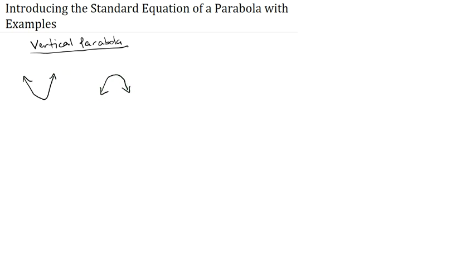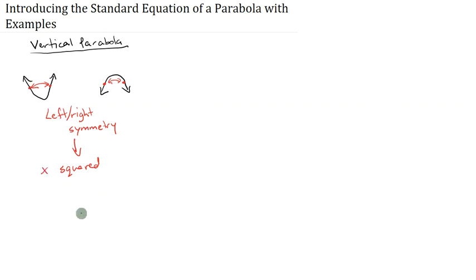The thing about vertical parabolas is they have symmetry left to right. You know, there's a mirror image of every point if you go left to right. So these have left to right symmetry. And what that tells us about the equation of a graph is that it has x squared because it's got symmetry left to right.